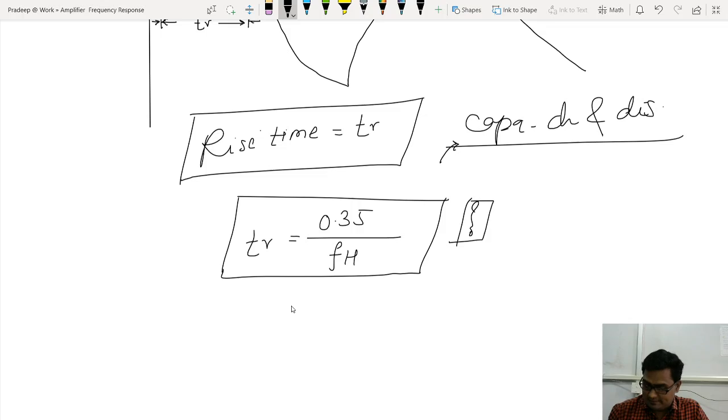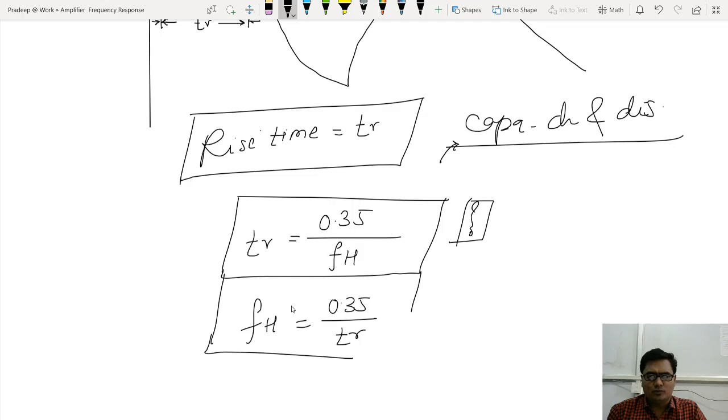Now, in terms of the higher cutoff frequency, FH, just rearrange it. What is that FH then? 0.35 divided by rise time. That's the small concept of rise time I wanted to tell you.